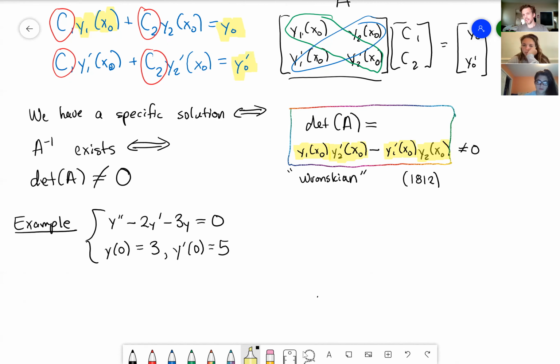Which means that if we have a specific solution, we'll have it no matter what these values are, no matter what y0. So that's an interesting fact: when we look at the determinant, whether or not we have a solution only depends on the left, it doesn't depend on the right. The right-hand side doesn't move at all. So this 3 and 5, we could actually pick whatever we wanted for those values.